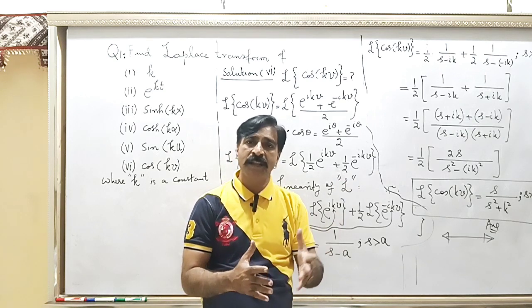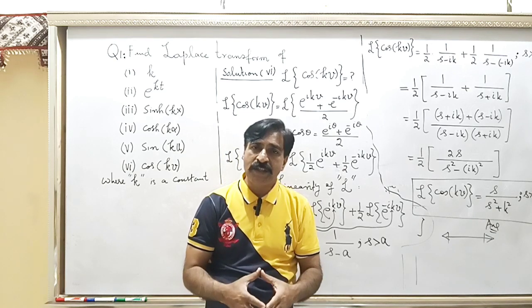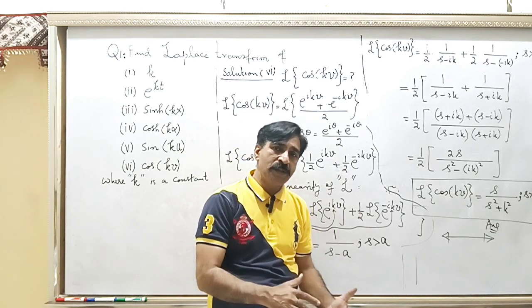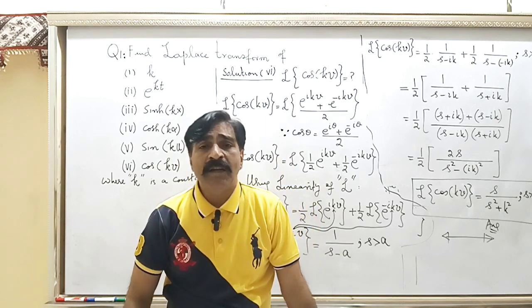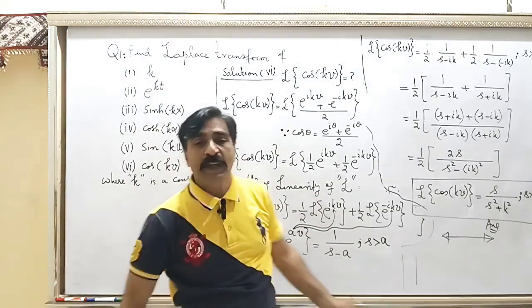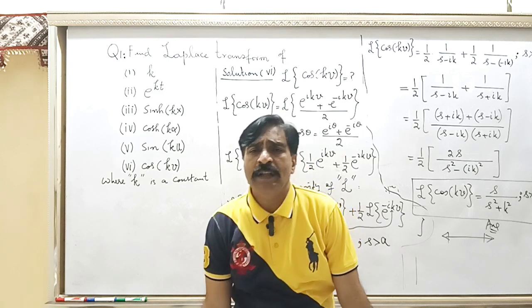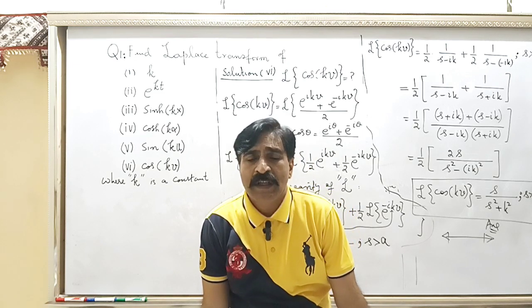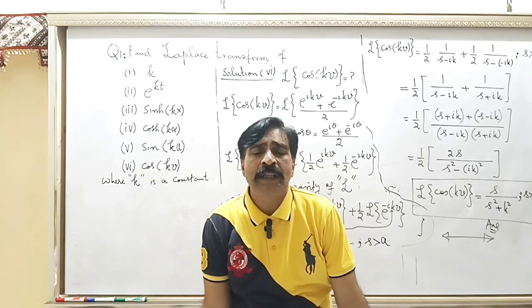It was a over s, a is any constant, and the Laplace transform for the exponential. Then the rest of the questions can be done quickly, right? And I will suggest that you try to remember these 6 formulas. If you remember these 6 formulas in the form of their Laplace transforms, then further questions will be solved much quickly.